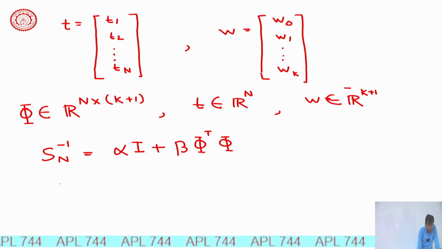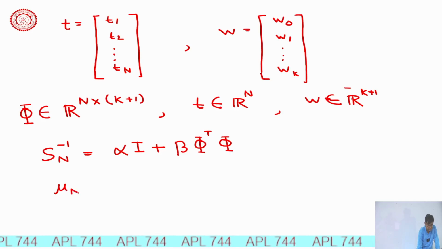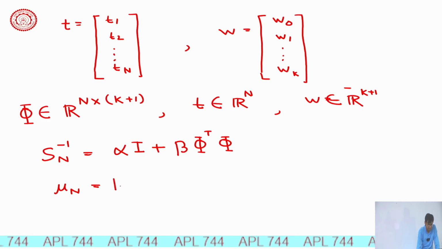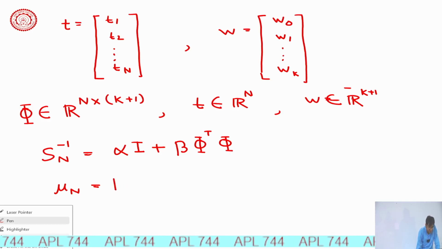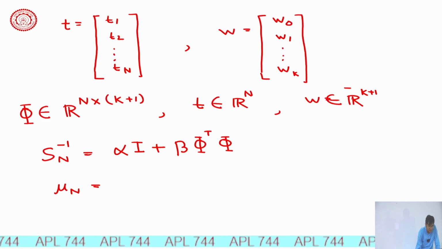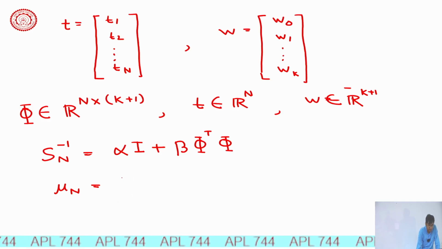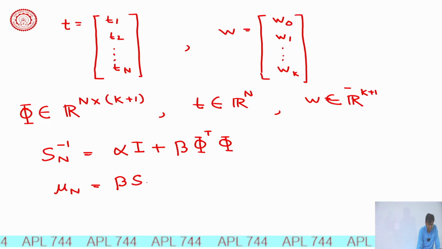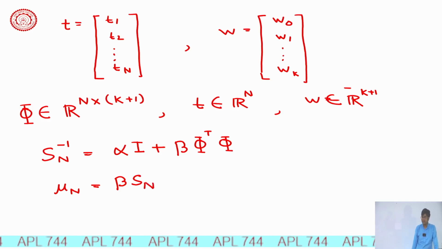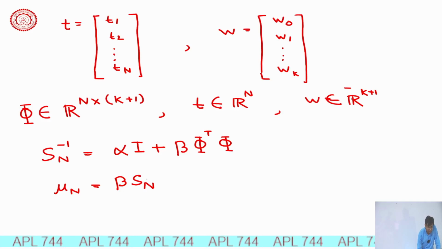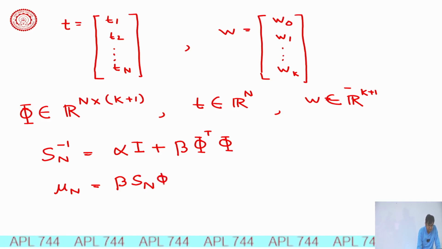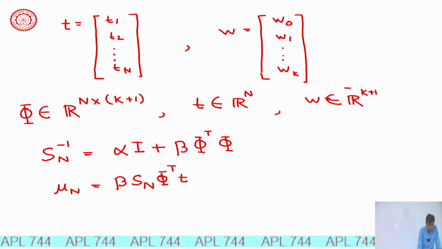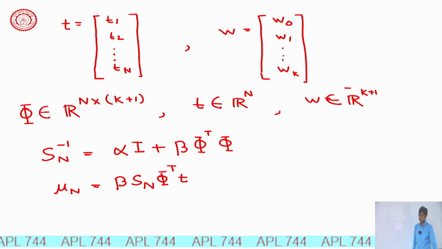Similarly, mu n will be equal to beta will remain, no, Sn is first actually. So, mu n will be equal to beta, which is a scalar, Sn, which is a k cross k, then phi transpose T, okay.